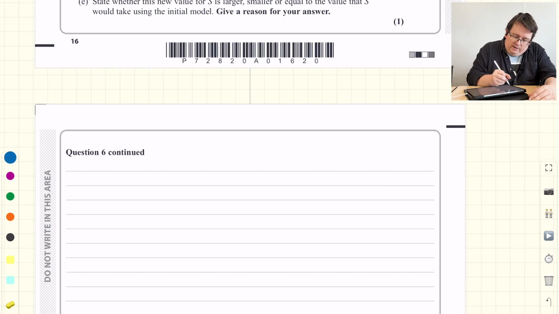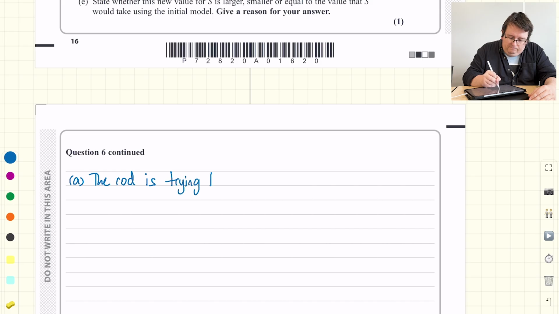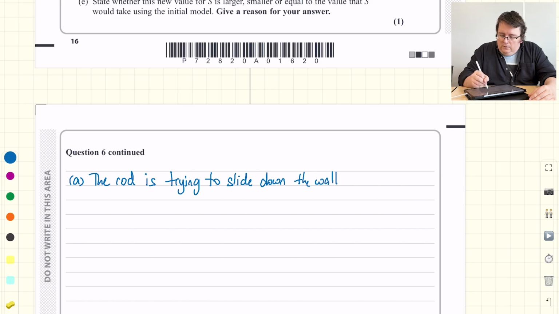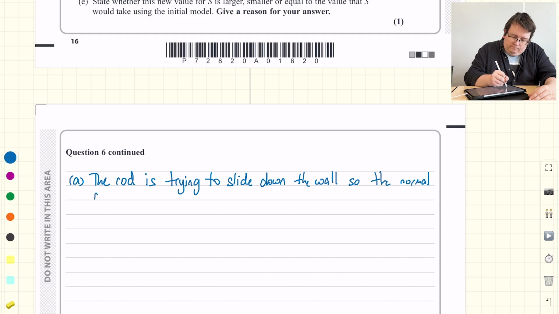Right, so part A, the rod is trying to slip or slide down the wall, so the normal reaction at A is pushing to the left.